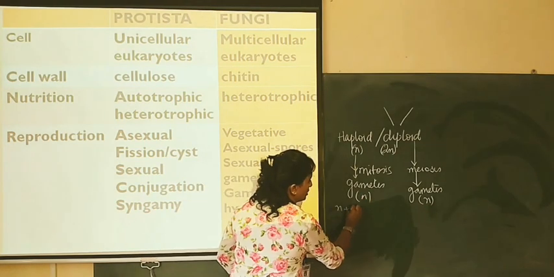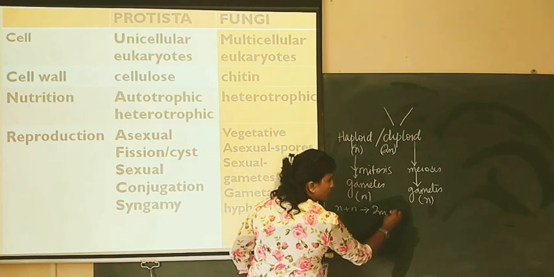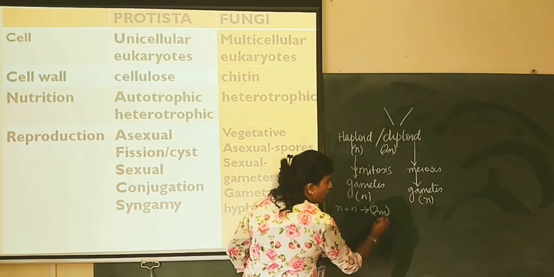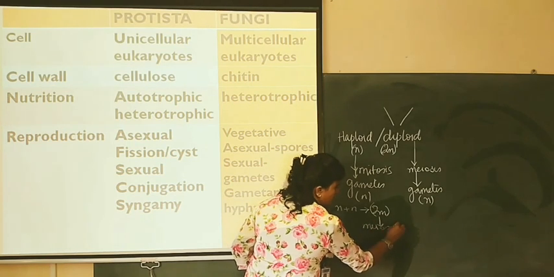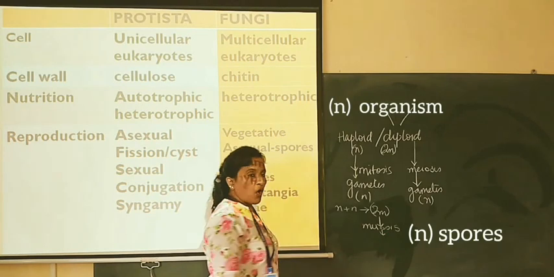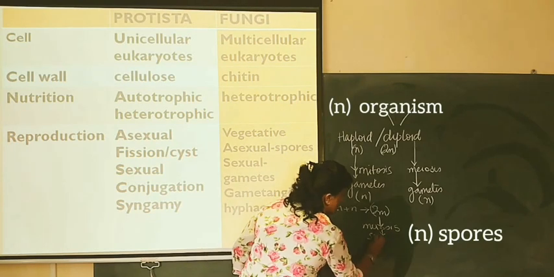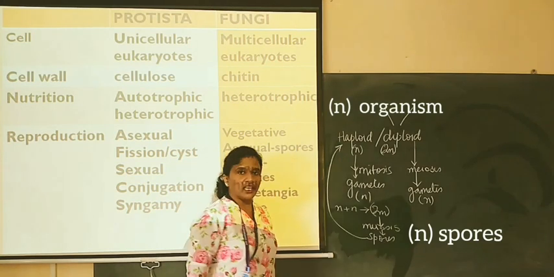The union between the two gametes will give rise to a diploid cell, right? And this diploid cell will undergo meiosis. And when it undergoes meiosis, the spores that are formed will give rise to an organism.